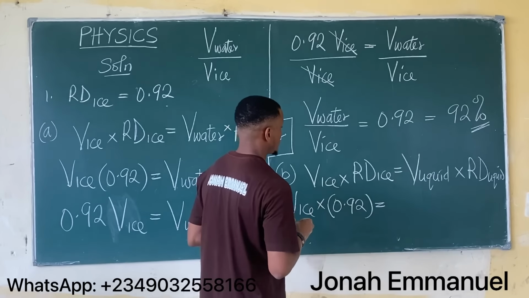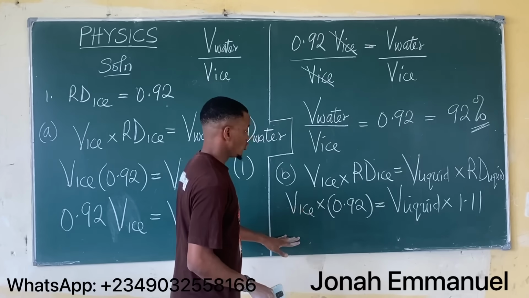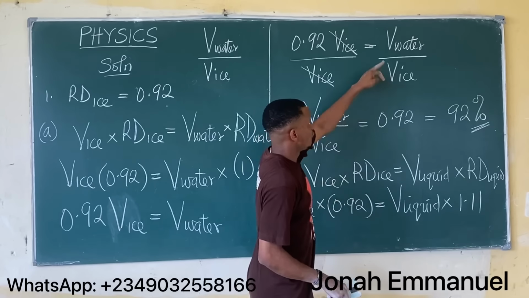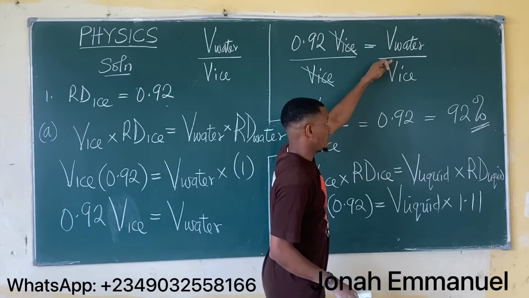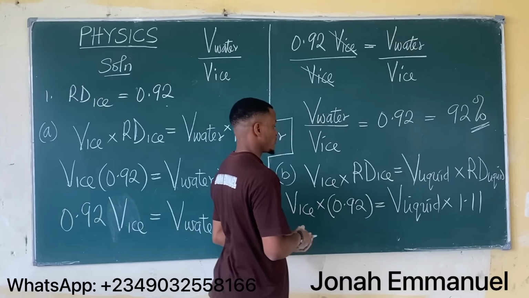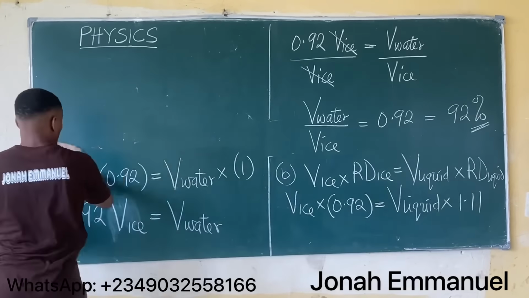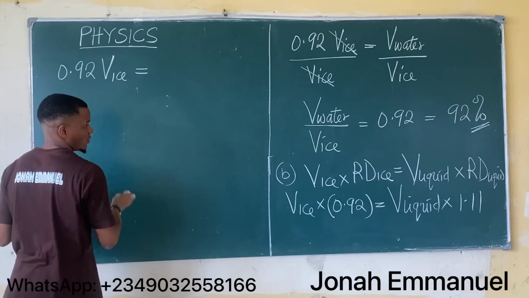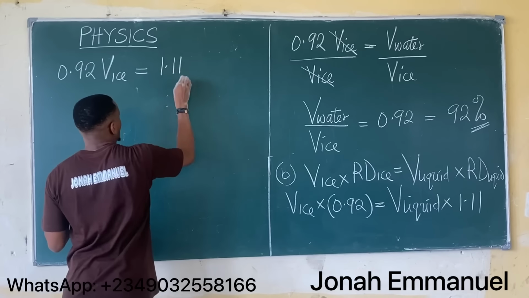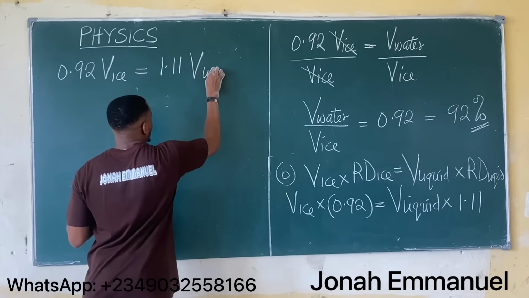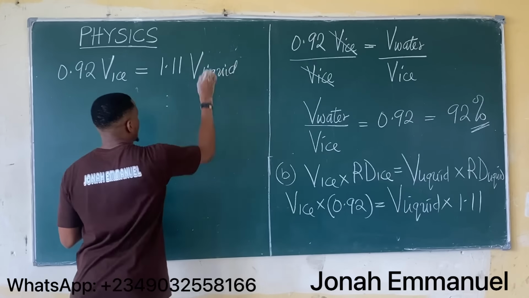Don't forget, our task will be to look for a way to express this, for us to get a fraction of volume, as volume of liquid all over volume of ice. So how do we do that? That's now equal to 0.92 volume of ice being equal to 1.11 volume of liquid.